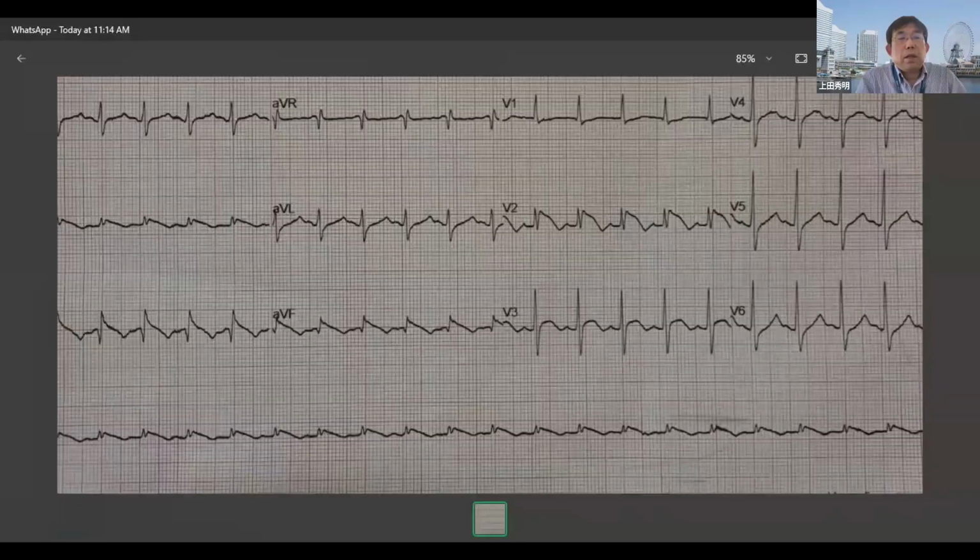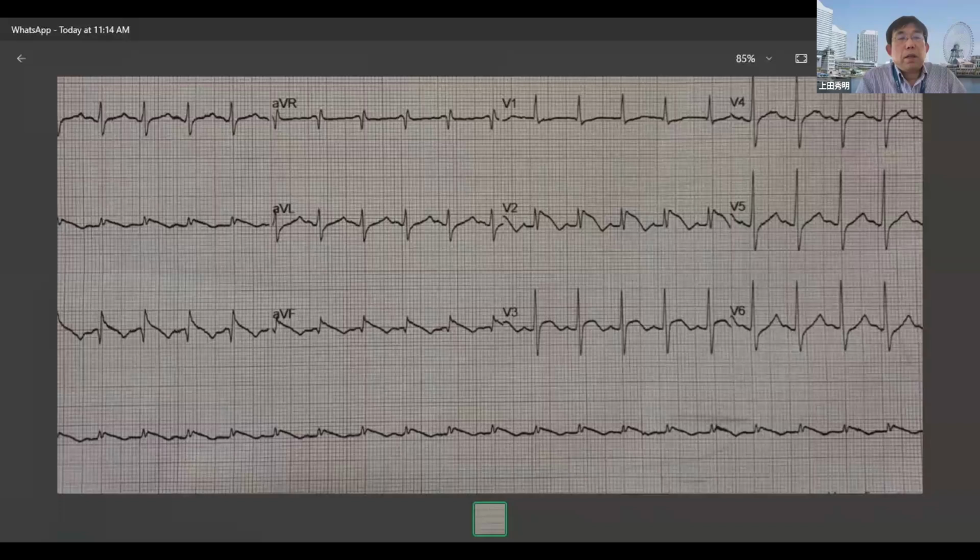And also, when I see this pattern at the limb leads, all leads show low voltage of the P wave. 1, 2, 3, aVL, aVR, aVF. The T wave is very low.